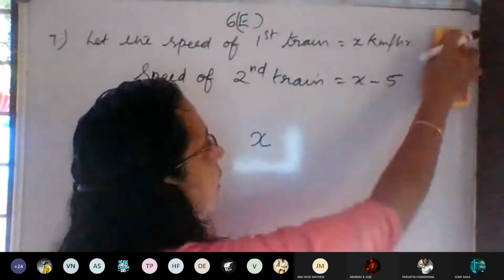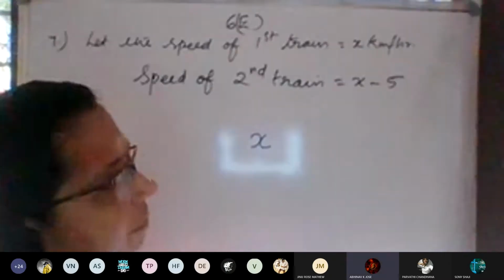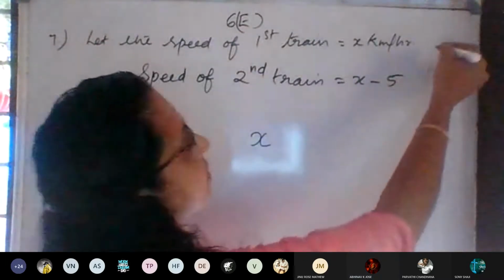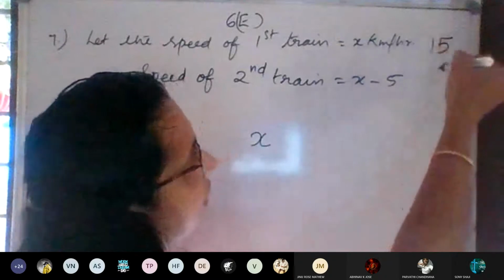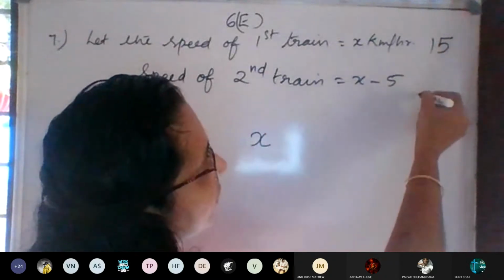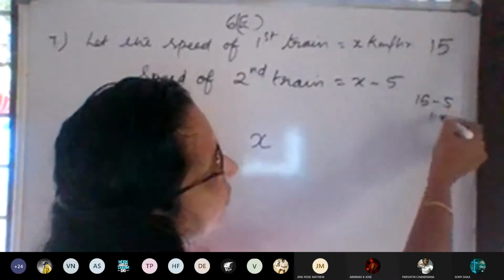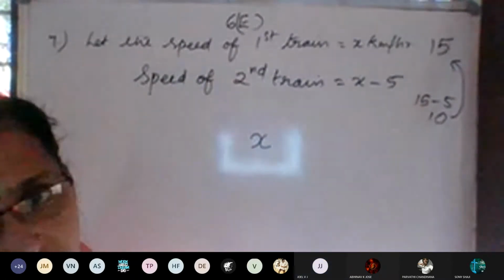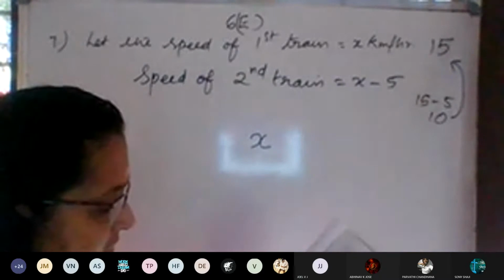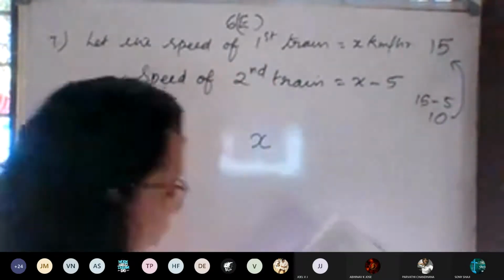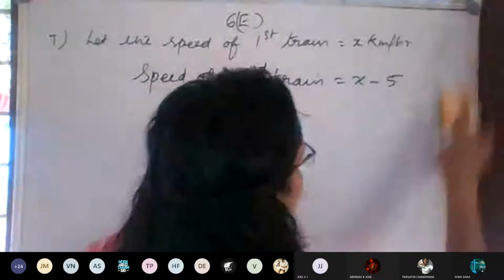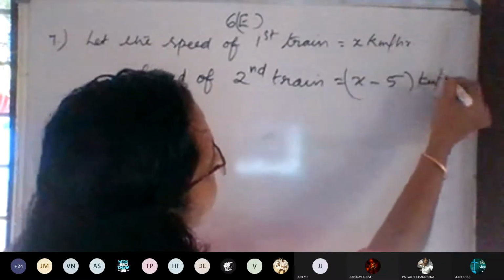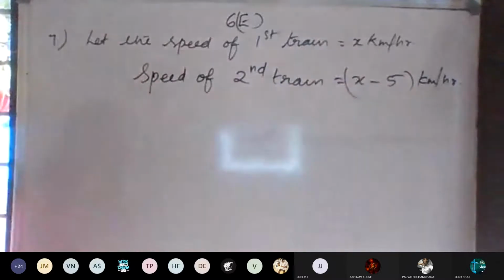So the second train will be x minus 5 km per hour, since we took the first train as x kilometers.